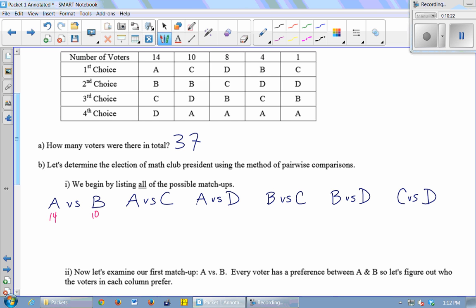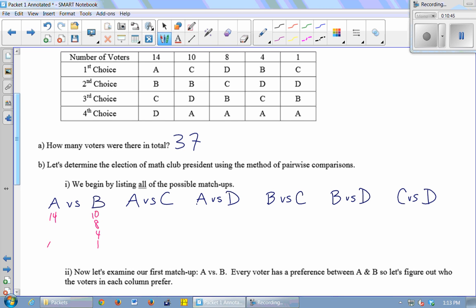So we're forcing the people who voted like this, we know that if we forced them to pick between B and A, they'd pick B because they have B ranked higher. So we give all those votes to B. All right, so then we add them up.